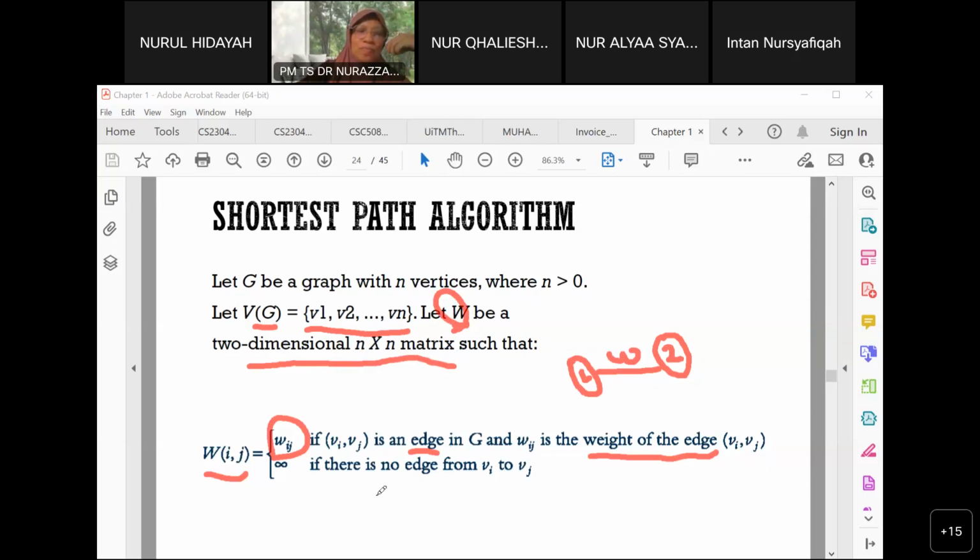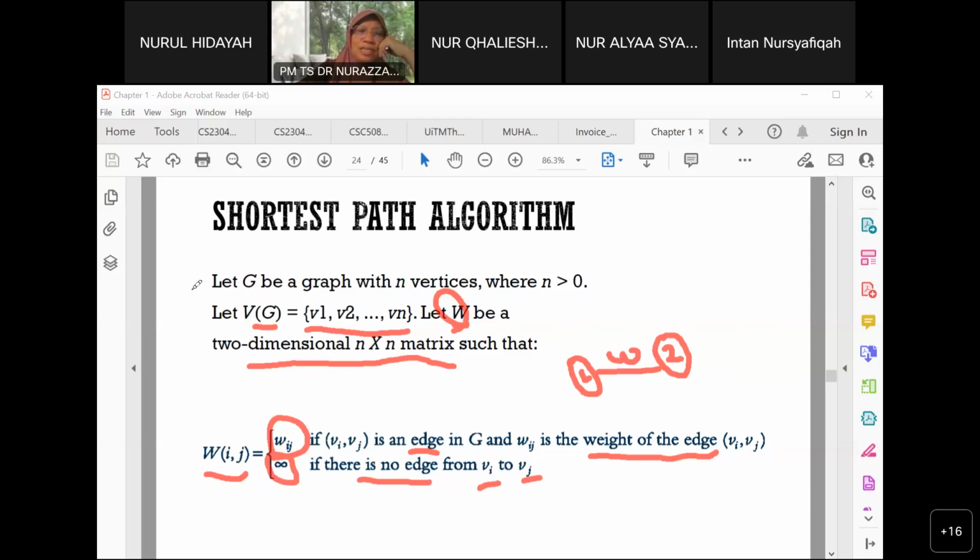Jadi kalau tak ada edge yang menghubungkan di antara VI dengan VJ, so if there is no edge that connected from VI to VJ, so di sini dia letakkan infinity ni lah, tanda ni infinity ni. Ini tak ada weightage yang diletakkan di situ.